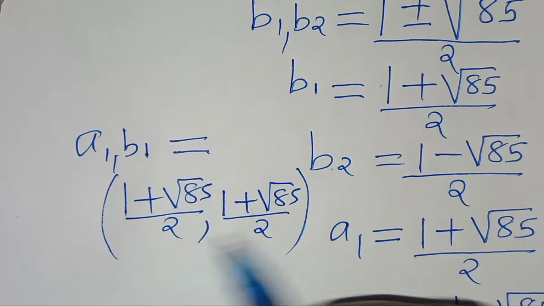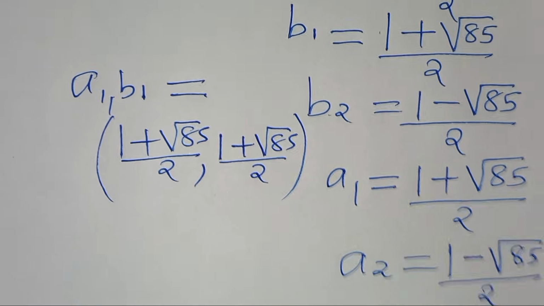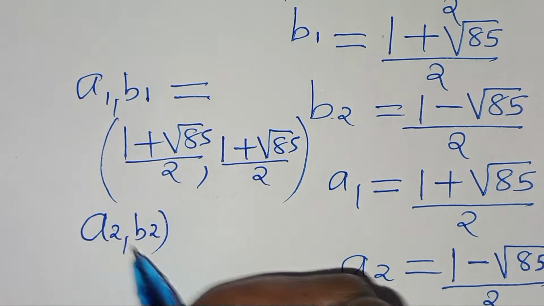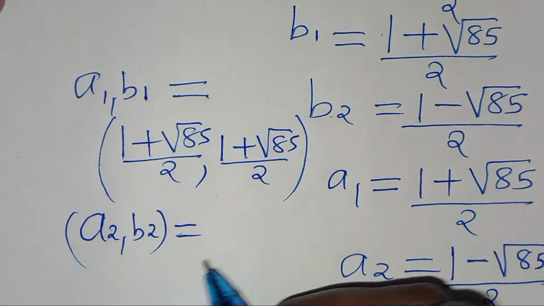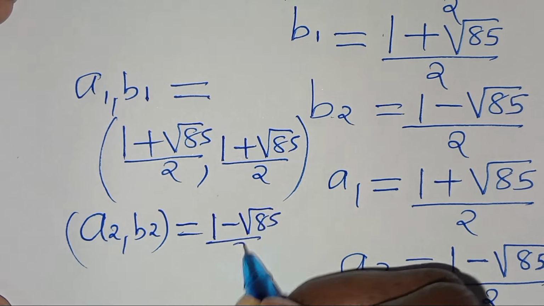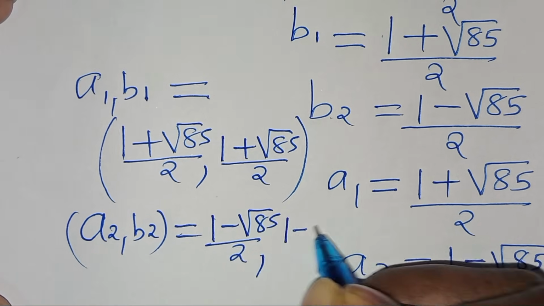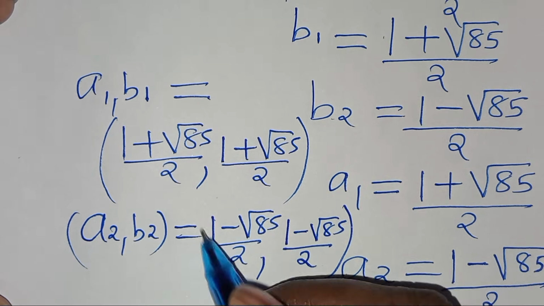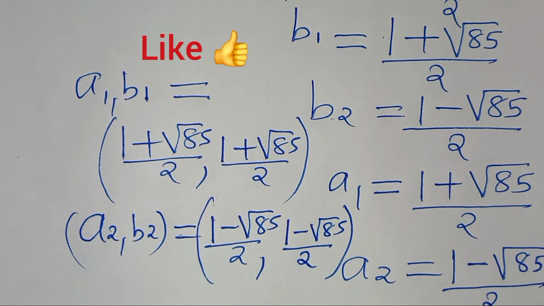So this is the first set of solution, and the second set of solution is A2 comma B2, which is equal to (1 minus square root of 85) over 2, comma (1 minus square root of 85) over 2. So this is the second set of solution.